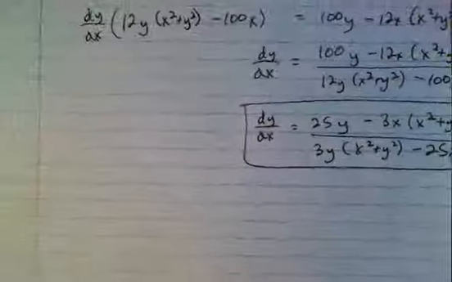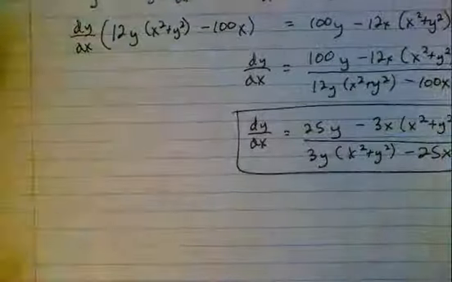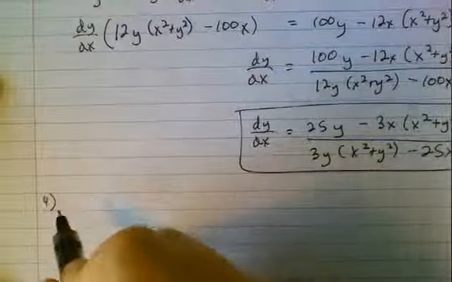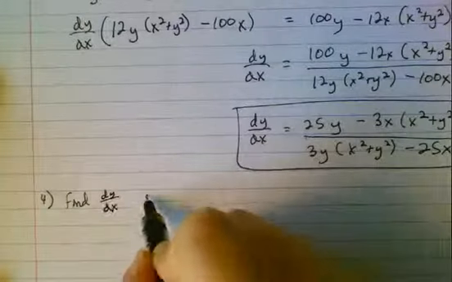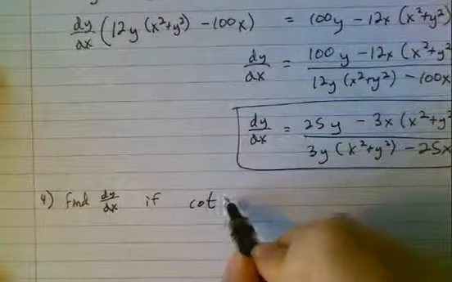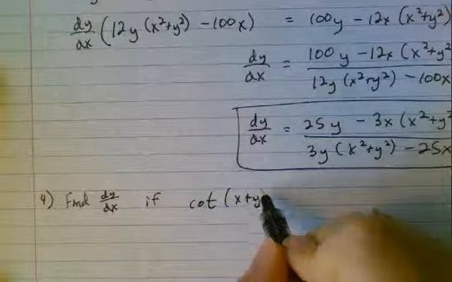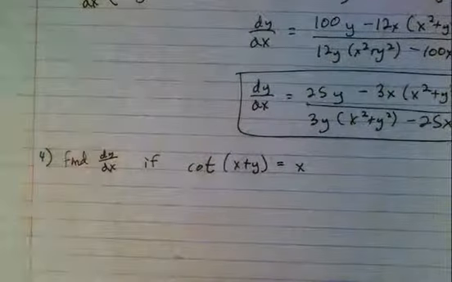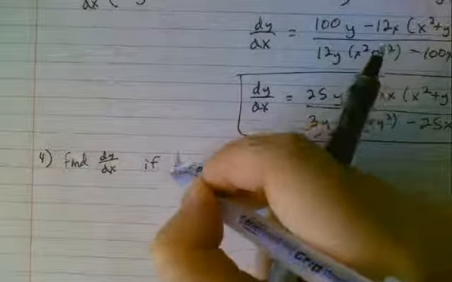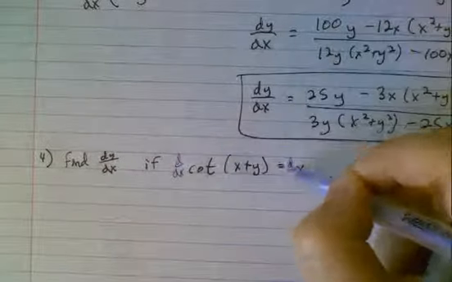Okay, one more problem and then we'll do a check for understanding. Let's find dy dx if the cotangent of x plus y equals x. So we're going to do the derivative of both sides with respect to x.